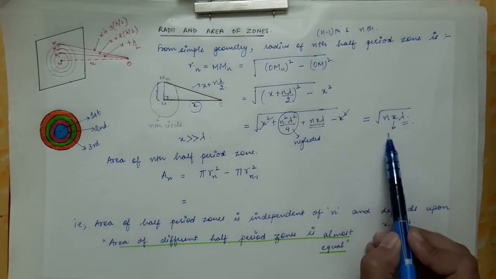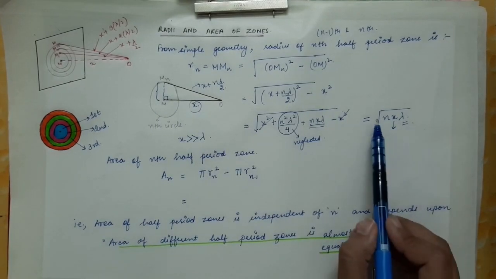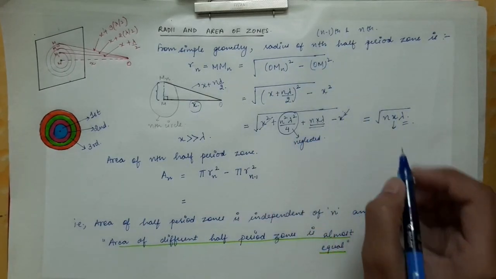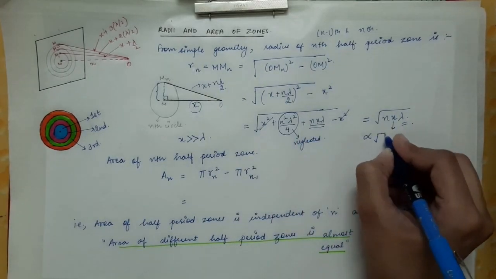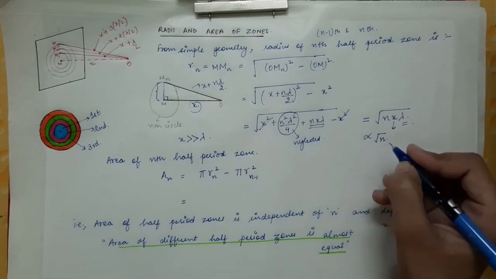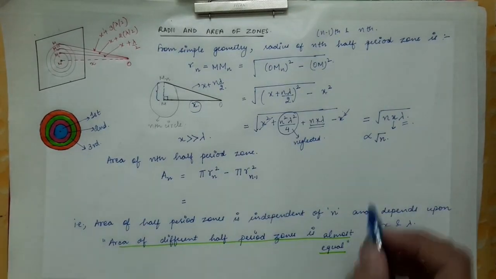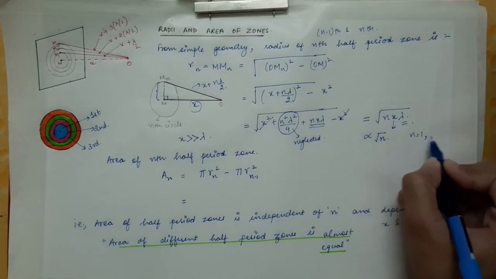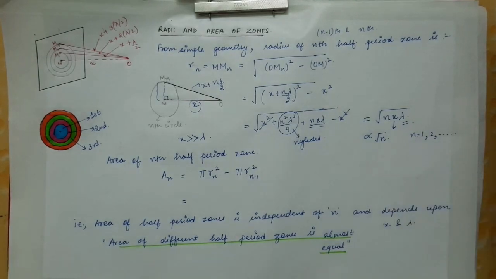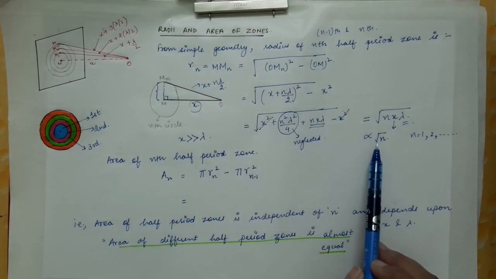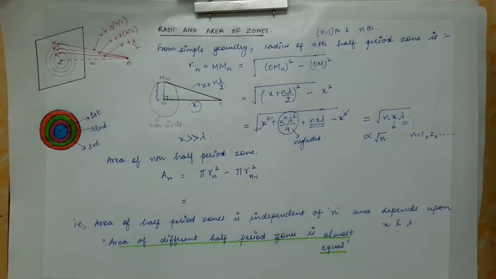So x is constant, lambda is constant. So the radius of the nth half period zone varies directly with under root of n. n can be an integer, so n will be equal to 1, 2, 3 and so on. So the radius of the nth circle will be proportional to the square root of an integral value.